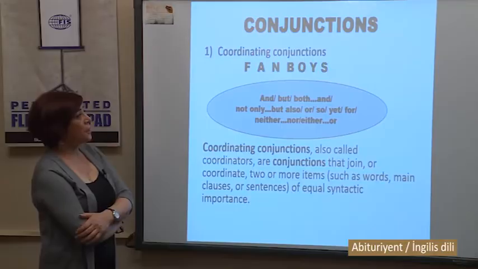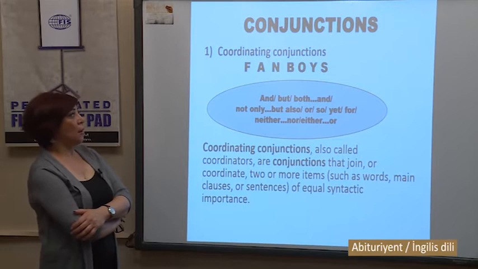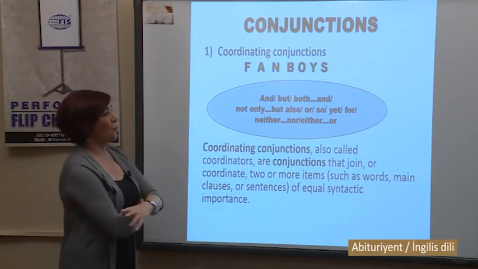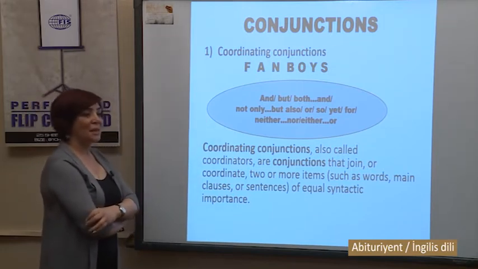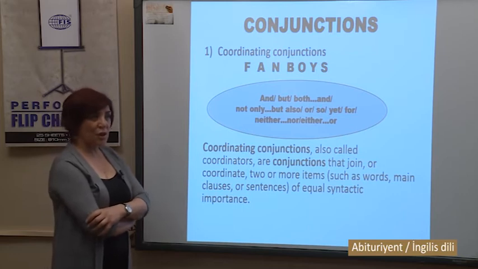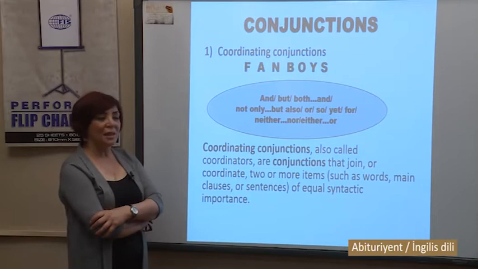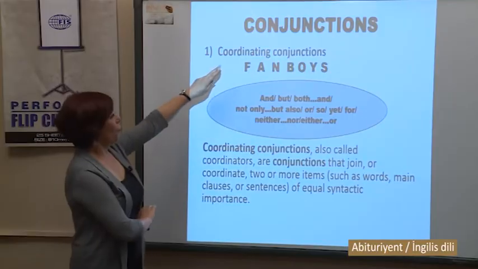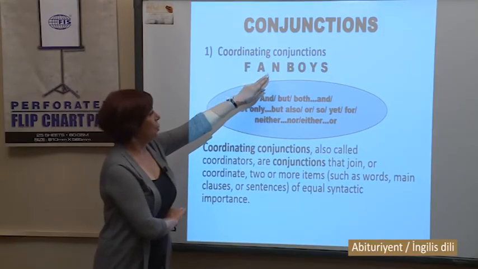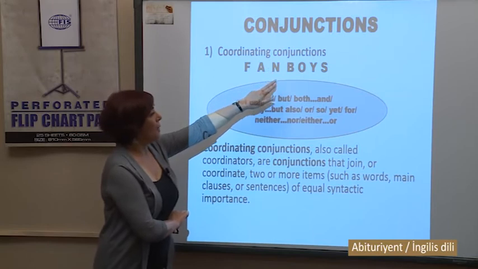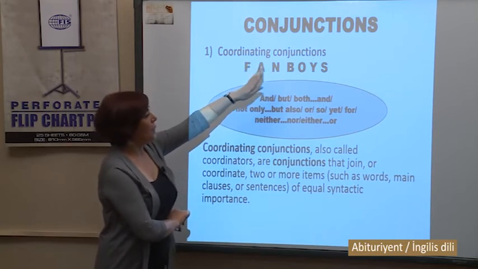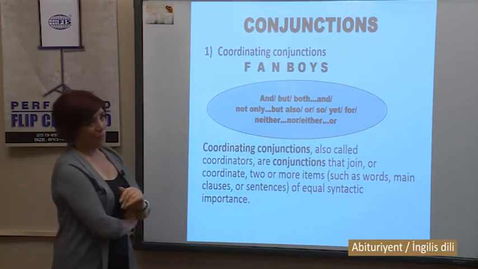What are coordinating conjunctions? Here you see FANBOYS. FANBOYS is an acronym built from the initial letters of the coordinating conjunctions. These coordinating conjunctions are for, and, nor, but, or, yet, and so.